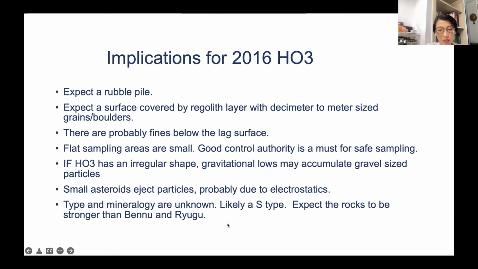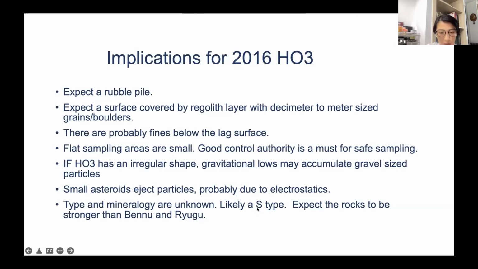But I think the boulders and the cobbles on the surface of this asteroid will not be as strong as an ordinary chondrite because it has undergone space weathering, the thermal effect, plus impact. There will be fractures in the boulders.